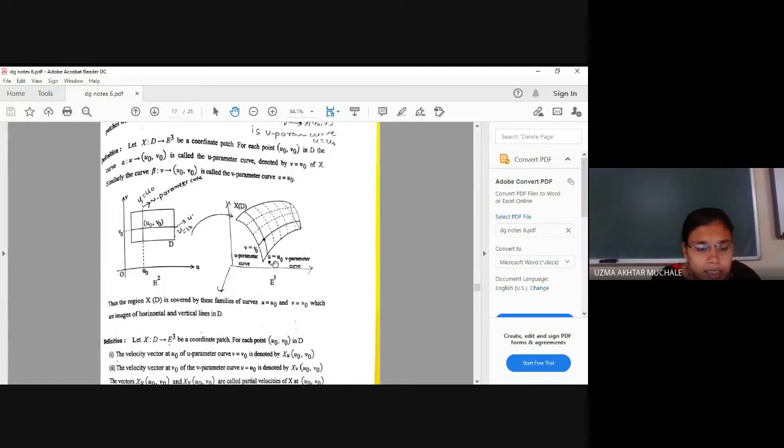So whatever the straight line we have, this u is equal to u naught will be converted into a curve. Here, if we fix v is equal to v naught, it is a u parameter curve. So this line will be converted into a u parameter curve. So simply, whatever the lines we have, we have to convert them into a curve. Okay, just like the example.